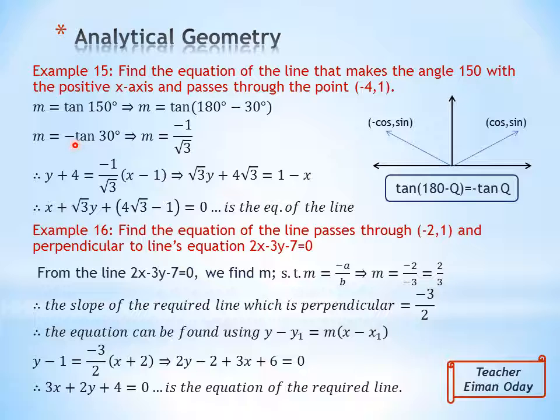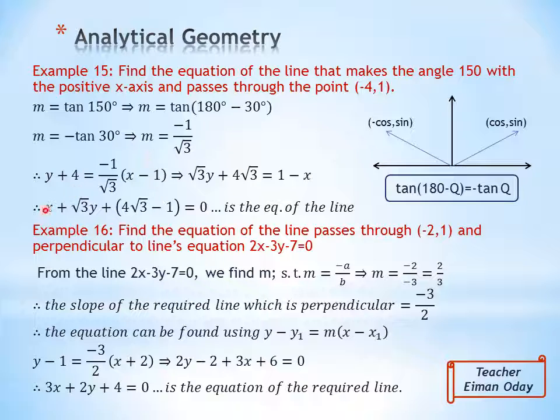I directly remember that sine 30 is 1 over 2, cosine 30 is square root 3 over 2, and then I can divide to reach the tan. Or I can use the formula, no problem.